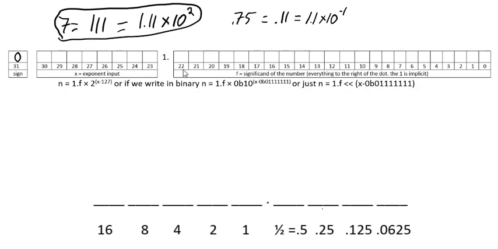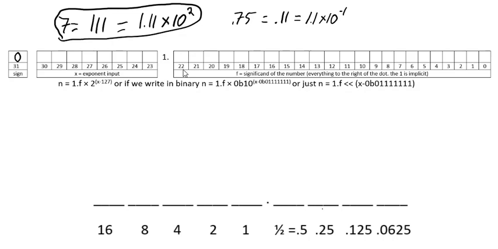Now, since it's binary, there's only one non-zero digit, which is 1, we actually don't need to record that. We don't need to keep track of that because there's only one value it could be, unless it's 0. If the number is 0, then it could be 0. But we'll talk about that one special case in just a second.